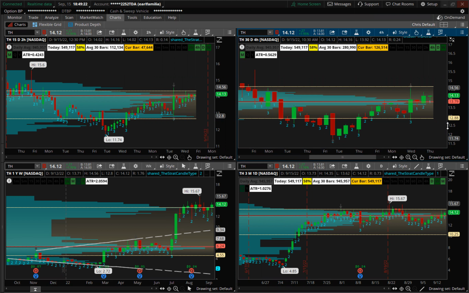So now we're looking for the bullish continuation here above $14.16. We had double inside 2-hour earlier this afternoon that broke. And then on the day, we're looking at Chicago as well on the day here above $14.35. The inside bar on the day looks pretty decent. So Chicago set up on the day, bullish continuation on the 4-hour for TH.